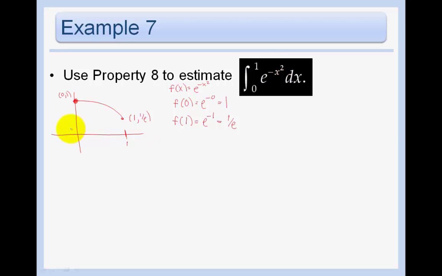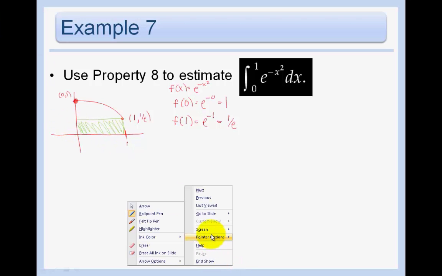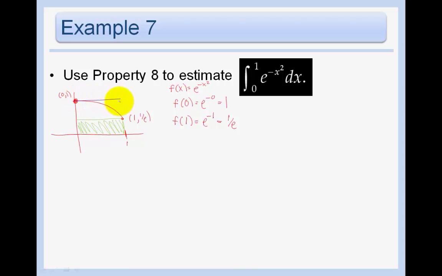Now, how might I be able to use that last slide to do something? So I know the area under my curve is bigger than that, but smaller than this.